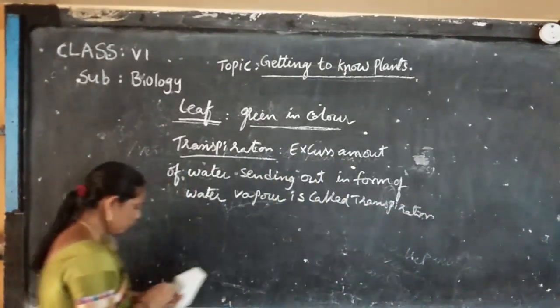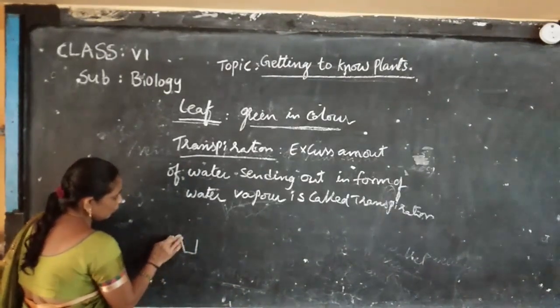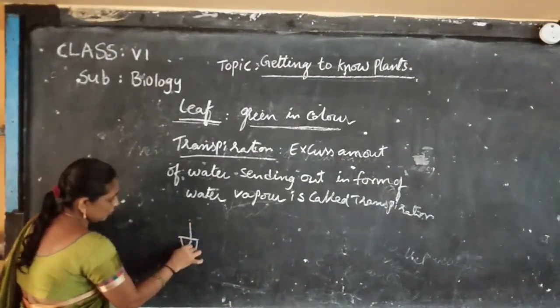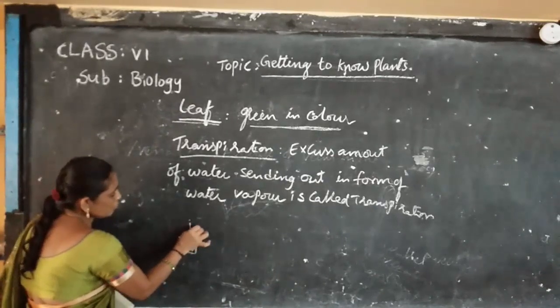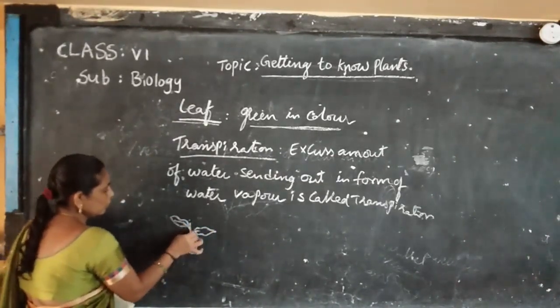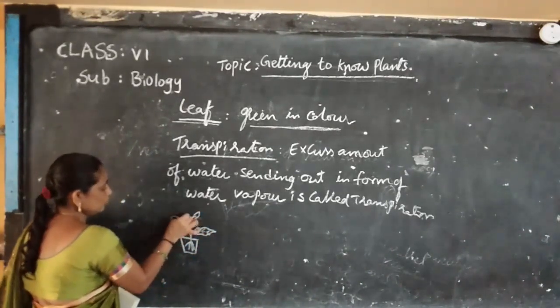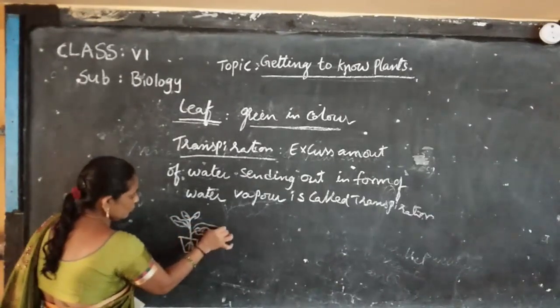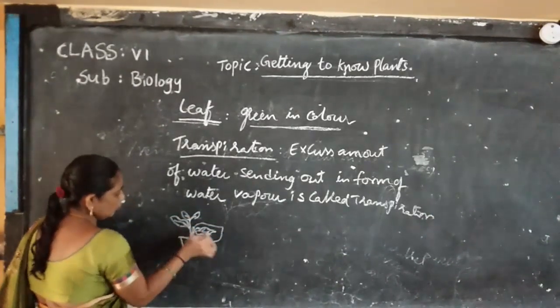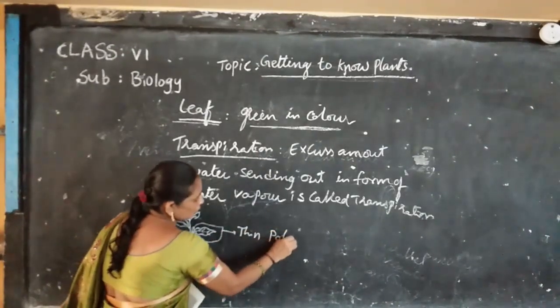Take a potted plant, and cover its leaves with a thin polythene cover.